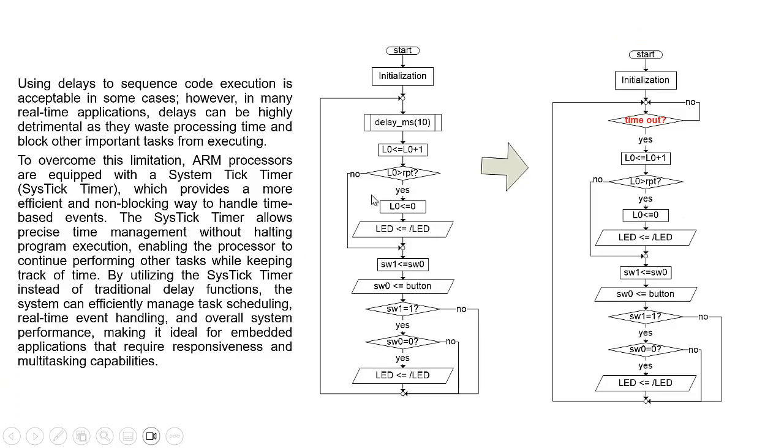Another way that we can use is the SysTick, or sometimes we call it the SysTick Timer. The delay that we introduce here is okay for normal, simple applications, but in real-time applications, it can be detrimental as it wastes processing time and blocks other important tasks from executing.